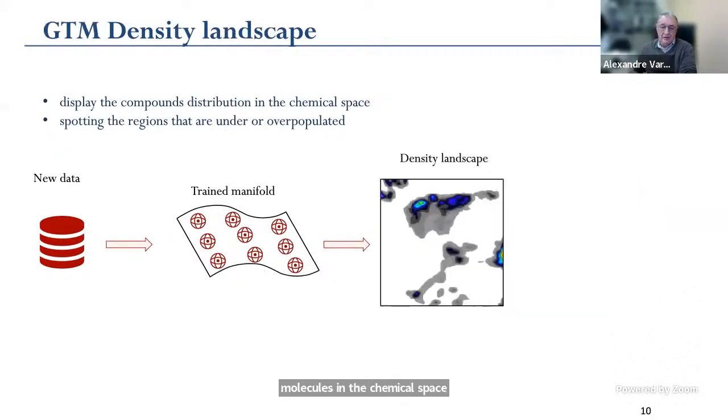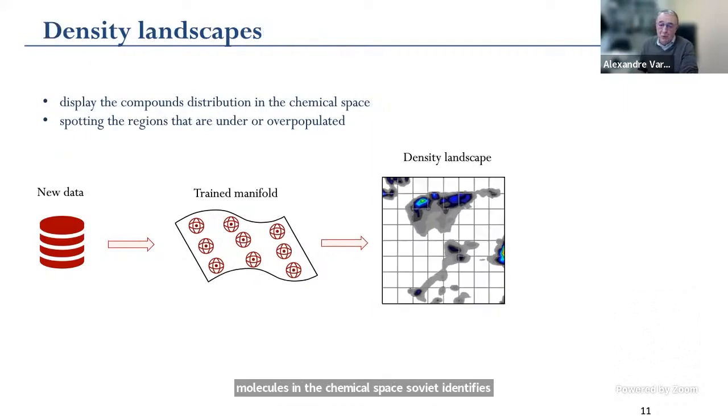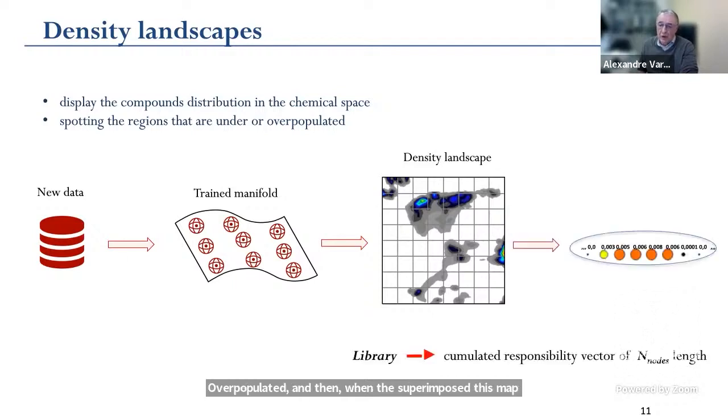So we have this density landscape, which actually identifies the regions that are underpopulated or overpopulated. And then when we superimpose this map with the rectangular grid, we can also transfer the density values into a vector. And in such a way, we can encode, that means characterize, the entire chemical library, whatever its size is, by one sole vector, which is called the responsibility or density vector, whatever.